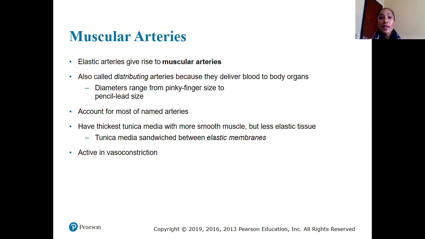They account for most of the arteries that we have named over time. They have the thickest middle layer of their blood vessel structure, and they also have more smooth muscle, but they have less elastic tissue. And they are active whenever our arteries are undergoing vasoconstriction.